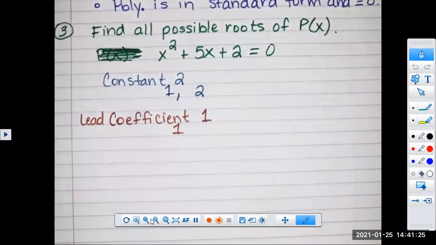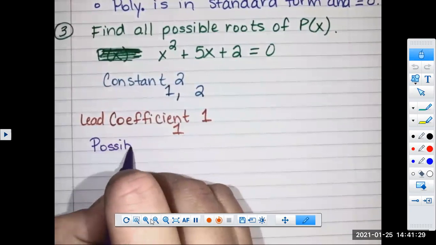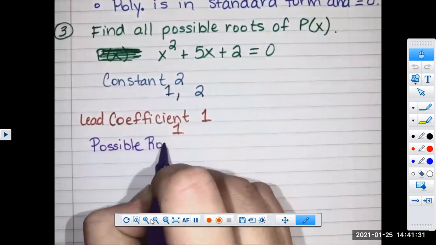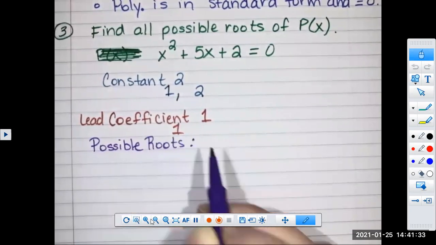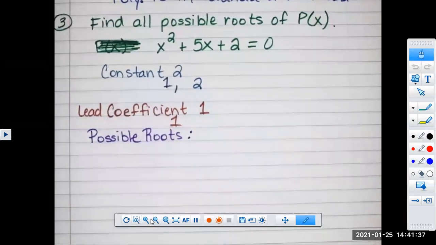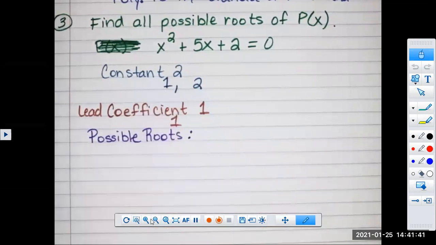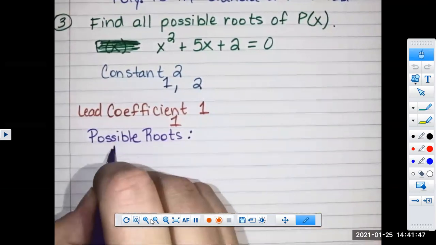This is how you list all of your possible roots. You take your constant factors, which are 1 and 2, and you put them over your leading coefficient factors. So I'm going to say, and you're going to put positive, negative.